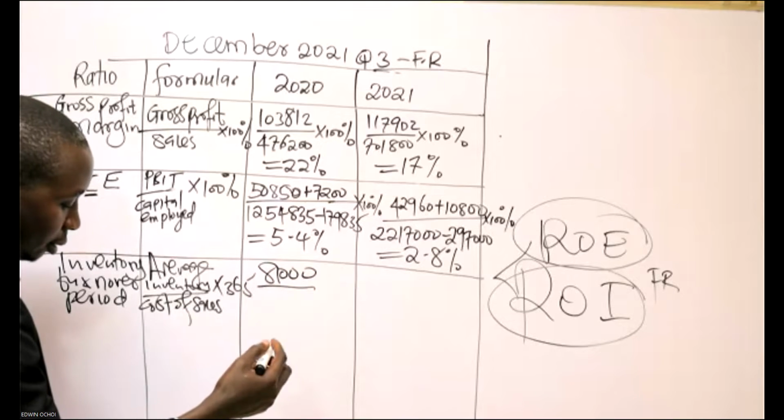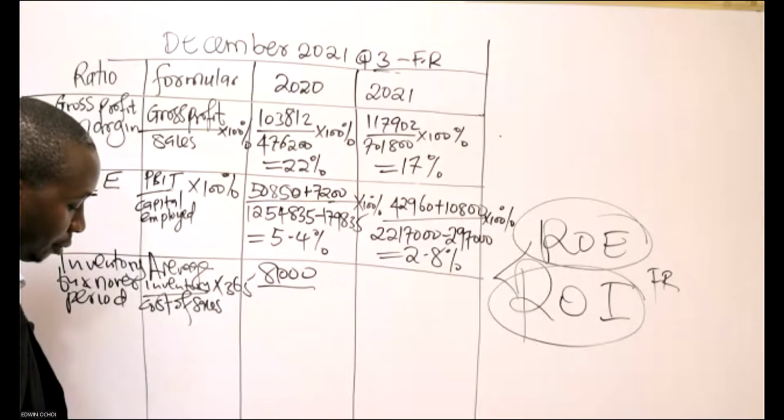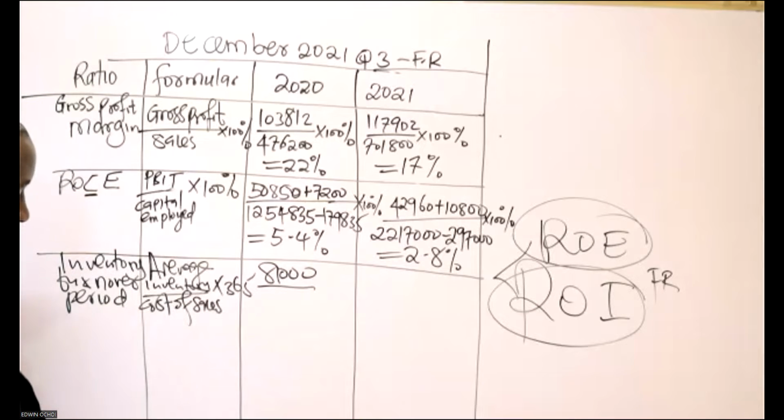Cost of sales is? Mwalimu, is the formula correct? Isn't it the reverse? Cost of sales over average inventory. I'm asking if the formula is correct for inventory turnover period. Yes, it's correct.